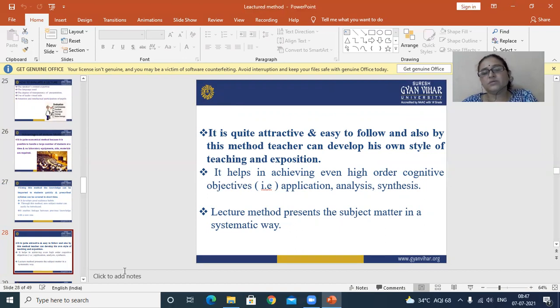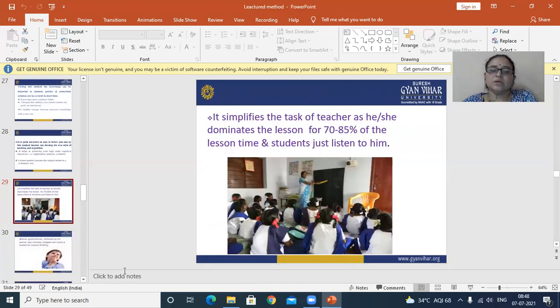Lecture method presents the subject matter in a systematic way. It simplifies the task of the teacher as she dominates 70 to 80% of the lesson time. Students just listen to him.